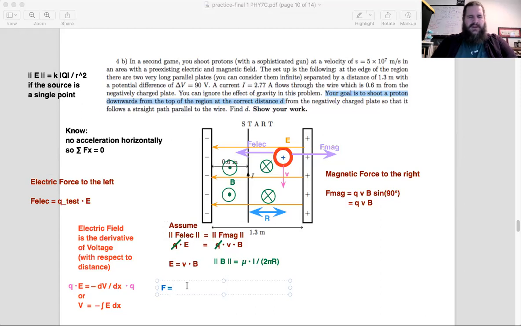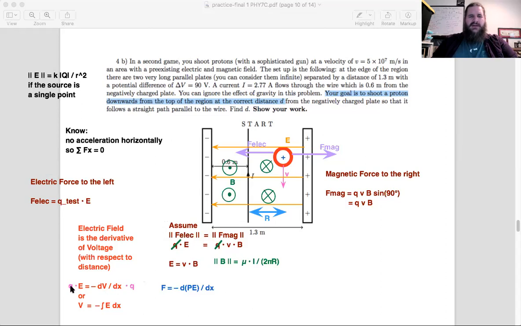Right, so we get force equals negative derivative of potential energy with respect to x. And that's exactly the relationship we were looking at way back in 7a, that force is the derivative of potential energy. If you've got some sort of graph of potential energy, the slope of that potential energy graph tells you how much force there is. And the negative sign just means the force is pointing towards lower potential energy.